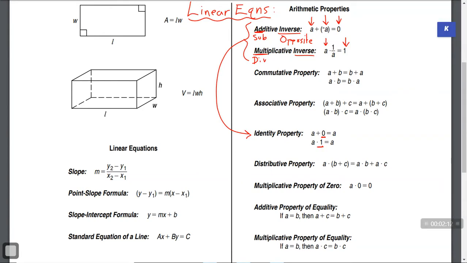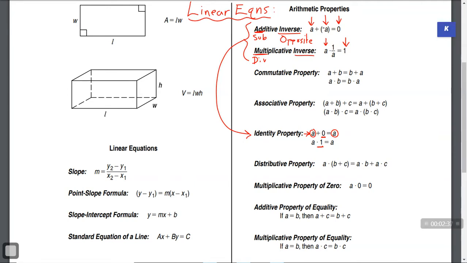The additive identity property is the first one shown here, and it says that anything plus 0 is itself. Identity meaning that it doesn't change its identity. A stays a when we add 0 to it. In other words, it doesn't change its identity. And that's the purpose of the inverse. The inverse gets us the identity property so that we can then use it.